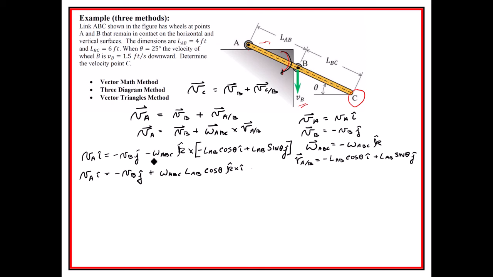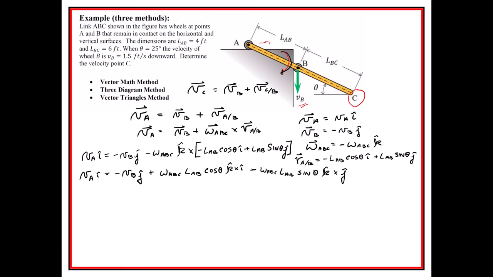And then I have that negative omega ABC times my LAB, so that's going to be a negative omega ABC LAB sine theta, and then K crossed with J.